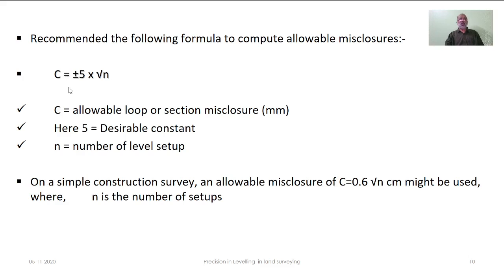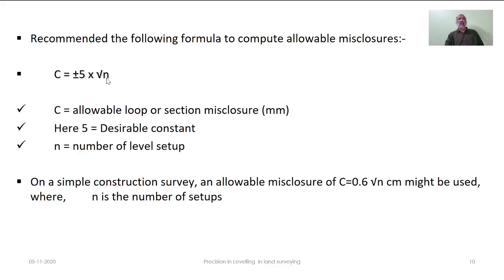Here, as you see, the expression is given as C is equal to plus or minus 5 root n, where this 5 is nothing but the desirable constant, n is the number of leveling setups, and C is the allowable loop closure.